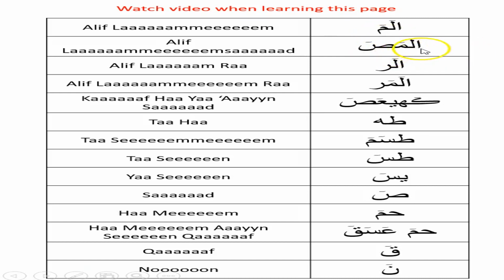Second is alif lam mim sad. If you notice, between mim and sad there is idhar, because mim does not have ikhfa onto the sad.